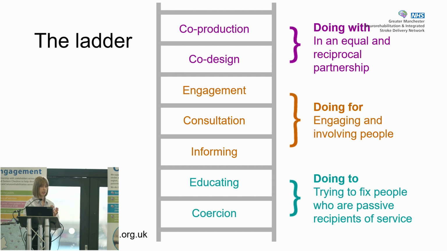And that's about as far as it goes. There's no scope for anything they say back to influence the outcome of that. The changes have already happened. With educating, we might go a little bit further and say, we've made these changes because of X, Y, Z. But again, we're not giving them any scope then for, if they say, I don't think that's a good idea, for that to have any influence.